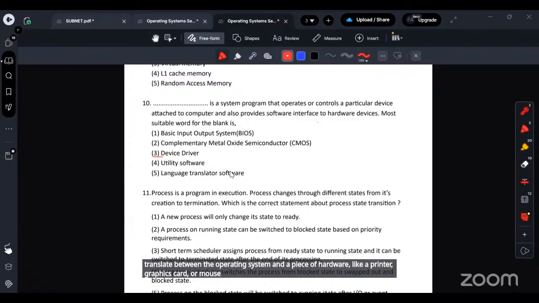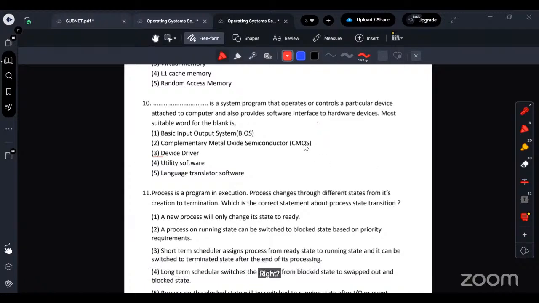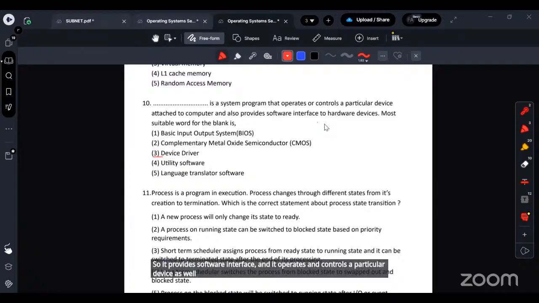So it allows the operating system to communicate with the hardware without needing to know the specific details of how the hardware works. Right? So it provides a software interface and it operates and controls a particular device as well. Was that clear?